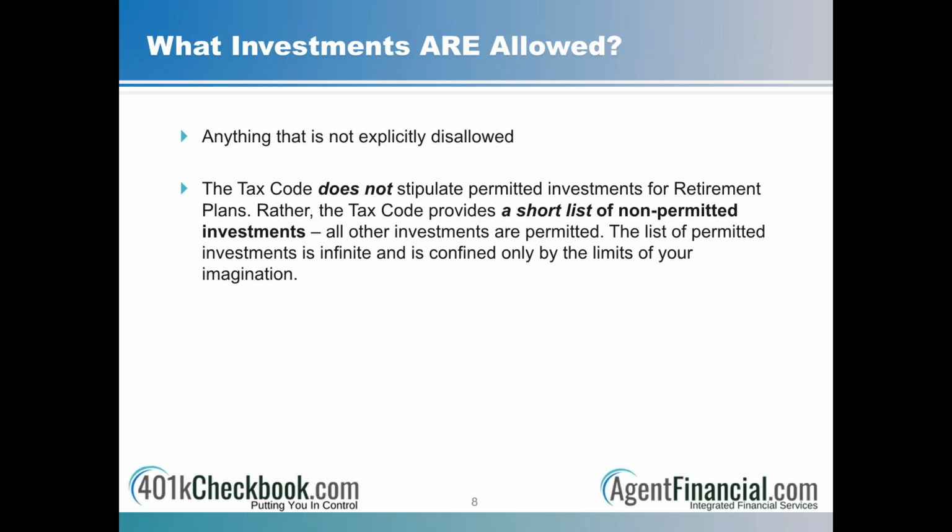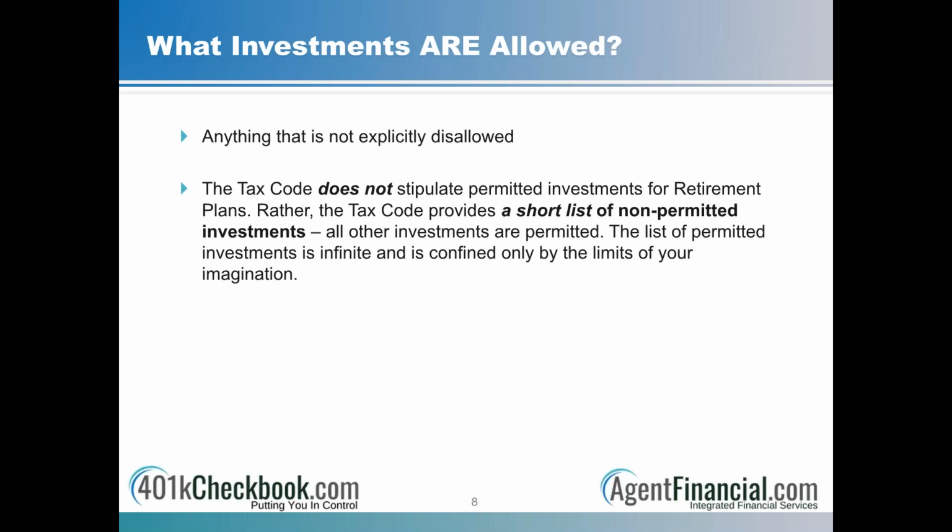So let's think about the flip side. What investments are allowed? Well, guess what? Congress never said anything about that for a very simple reason. Congress only specified the few assets that are disallowed. Everything else is allowed. There's nothing in the tax code that says your IRA may be invested in mutual funds.